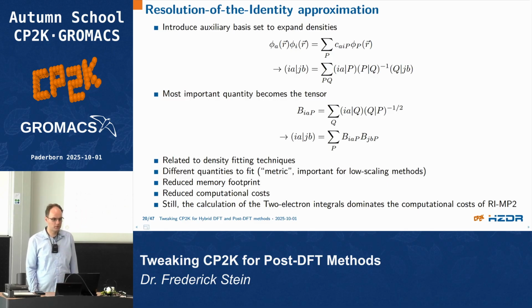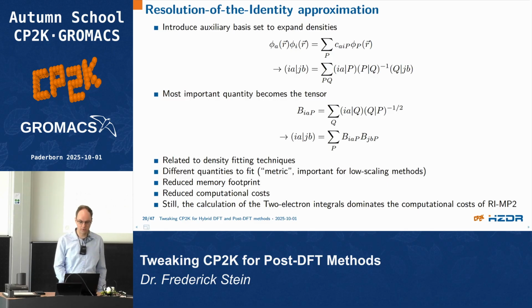That's why in CP2K we have the so-called resolution of the identity approach available, which basically works similarly to the one in Hartree-Fock. And this allows us to decompose this tensor of rank 4 into a tensor of rank 3. And this tensor of rank 3 can now be stored in memory. For 64 water molecules, for instance, the storage of this tensor takes about 50 to 60 gigabytes, so that's feasible for most high-performance devices.